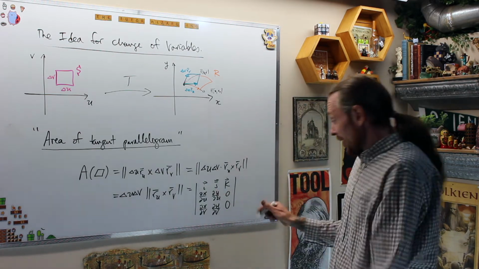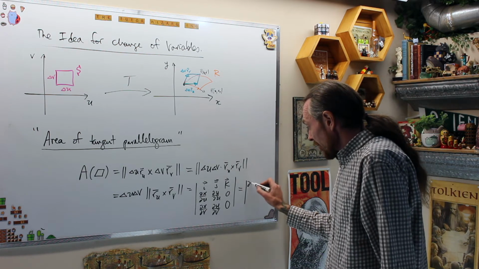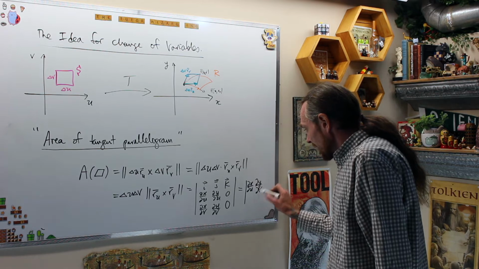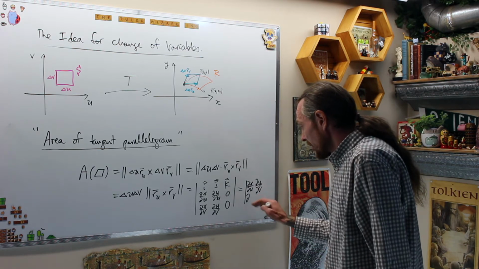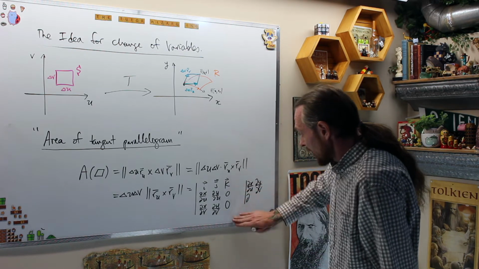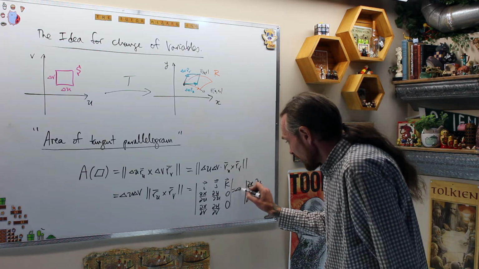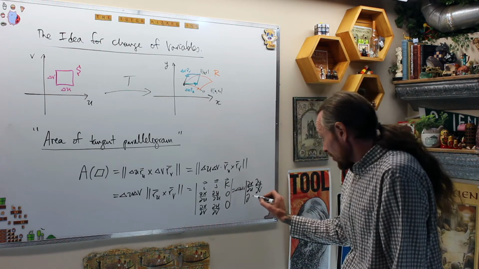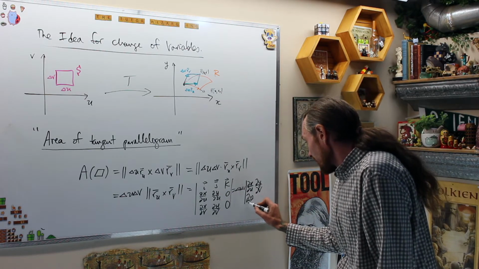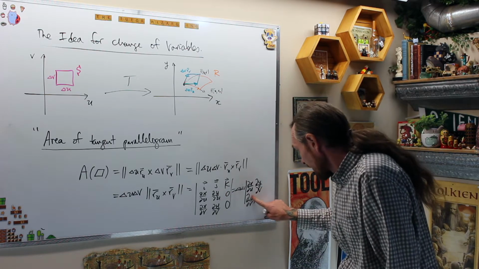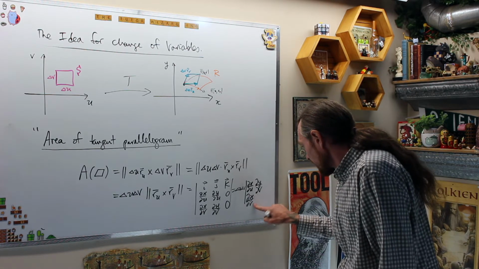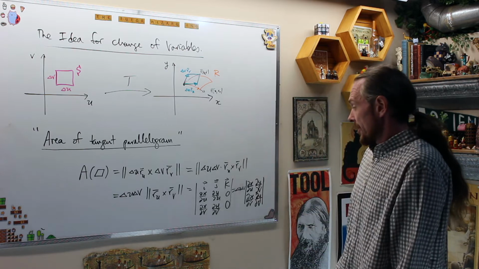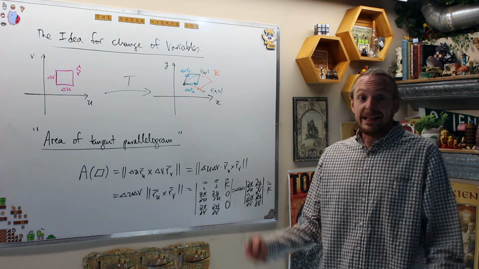Computing this 3x3 determinant magically gives me the partial of x with respect to u, the partial of y with respect to v, minus the partial of y with respect to u times the partial of x with respect to v, times our vector k. I almost forgot, delta u, delta v, my numbers.